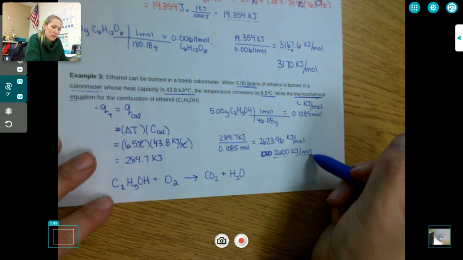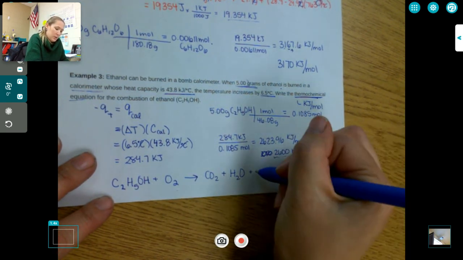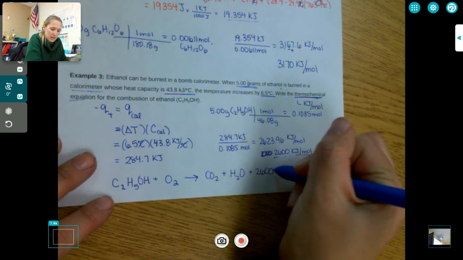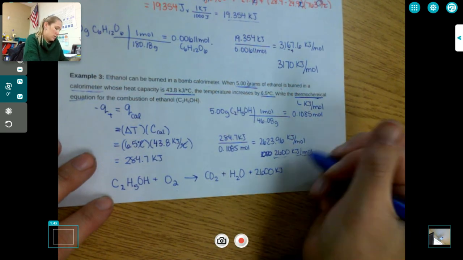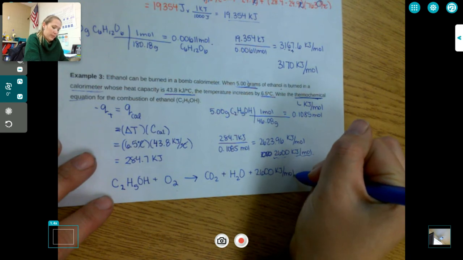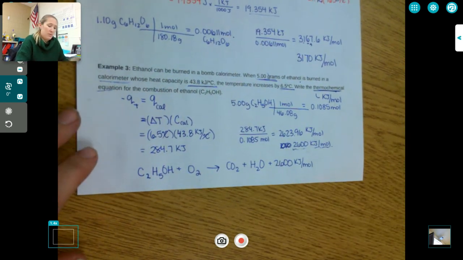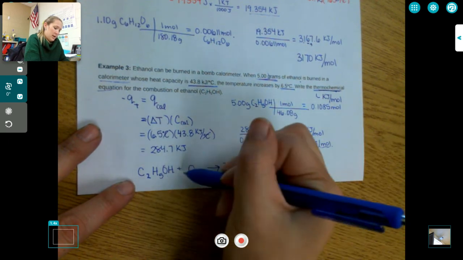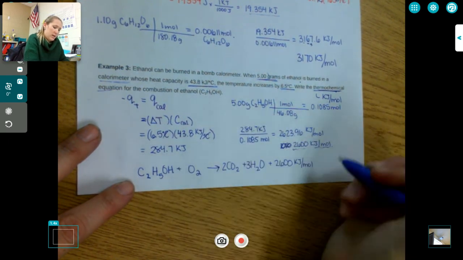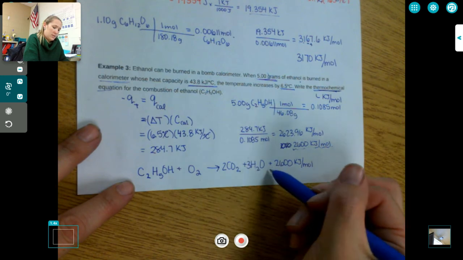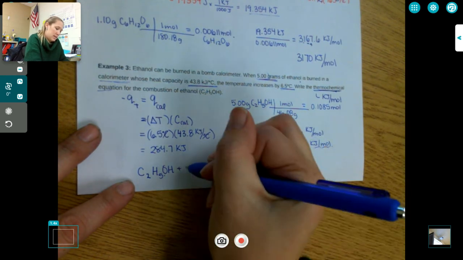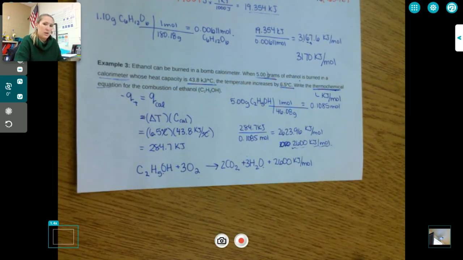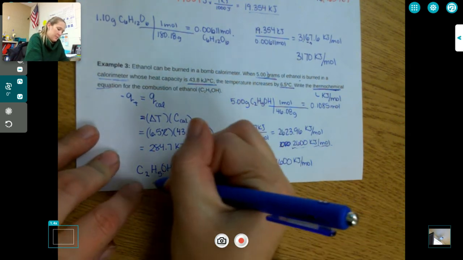And we are releasing 2,600 kilojoules per mole of heat energy. So to balance this, I need a 2 here. I need 5 and 1 is 6. That's 3 there. 4, 5, 6, 7 minus 1 is 6. So 3.